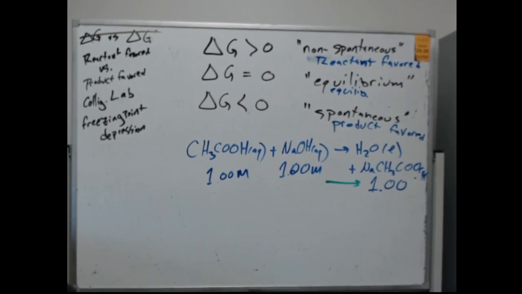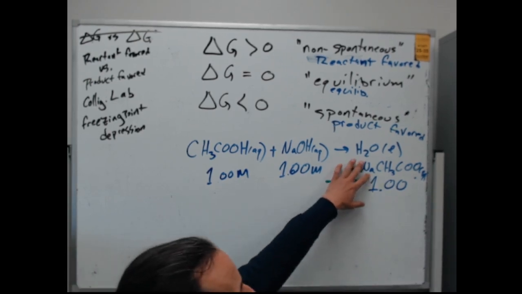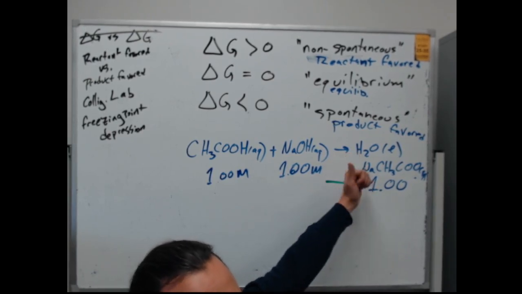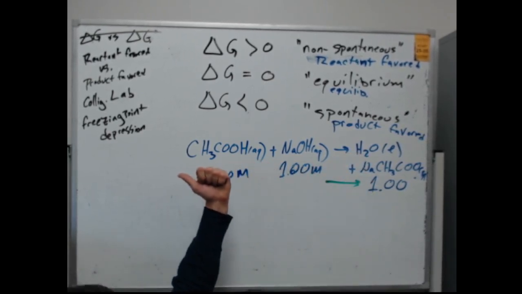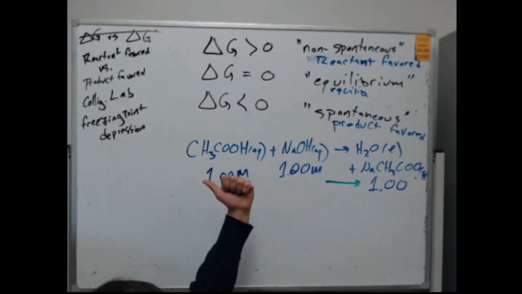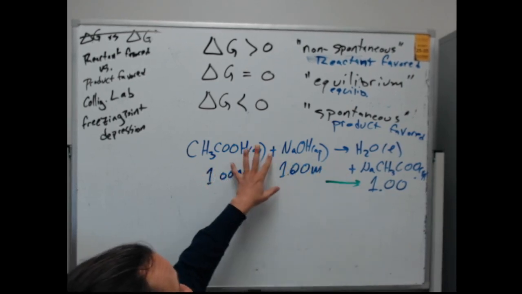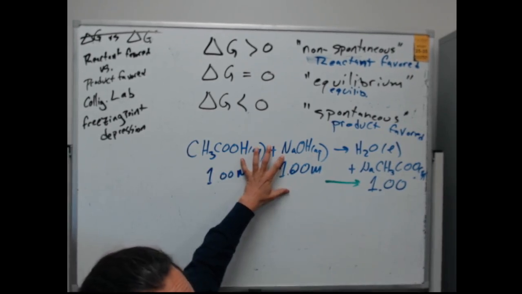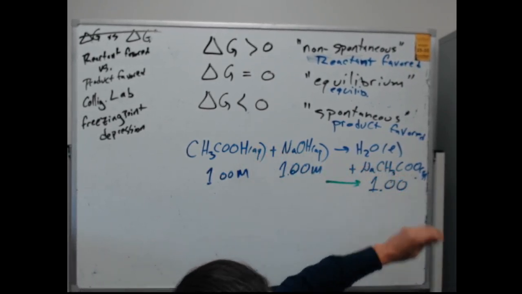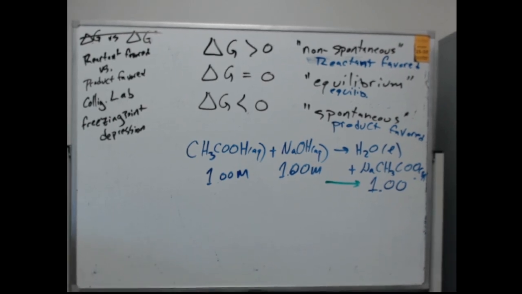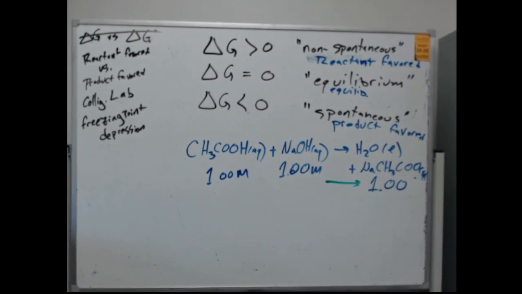And we say, okay, well, which way is this reaction going to go? Is sodium acetate going to react with water and actually split apart the water? Or is acetic acid and sodium hydroxide going to react together to form more water? Now, I picked a problem where it's very much product favored.